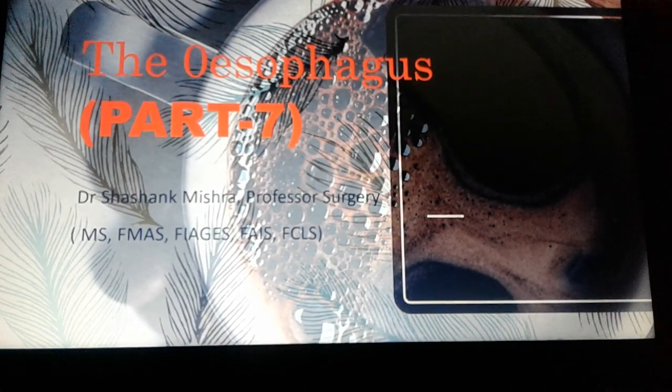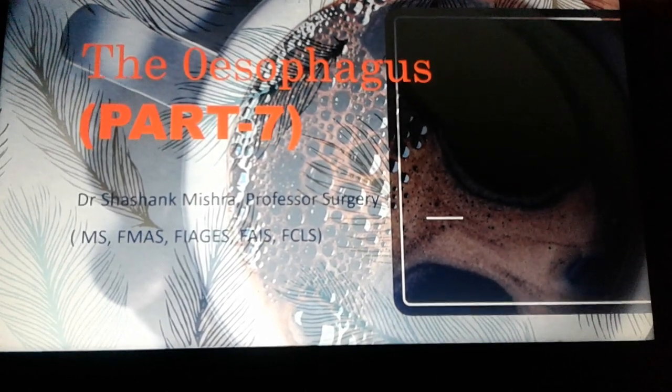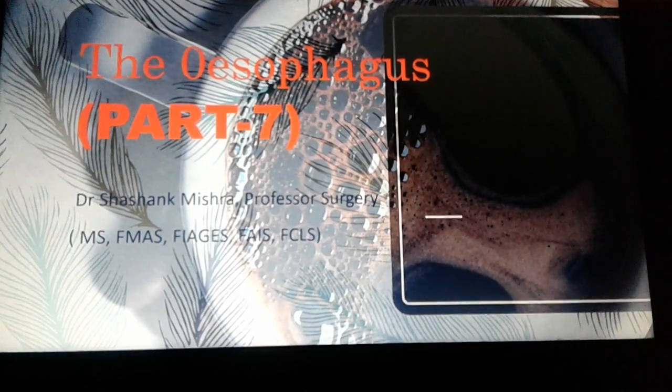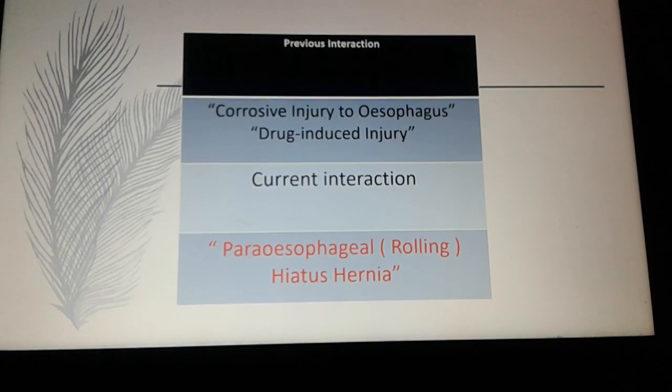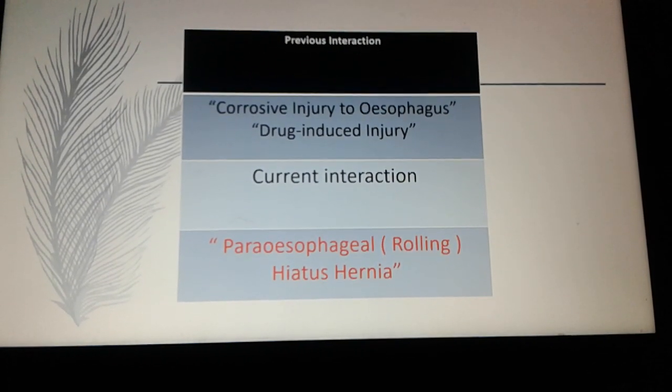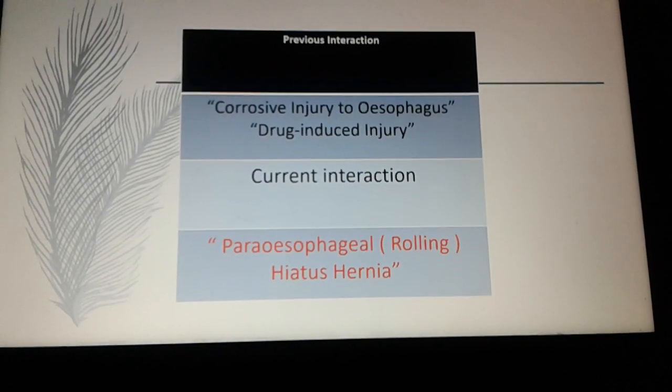Today we are going to discuss the next topic in esophagus, that is paraesophageal, especially the rolling type of hiatus hernia.